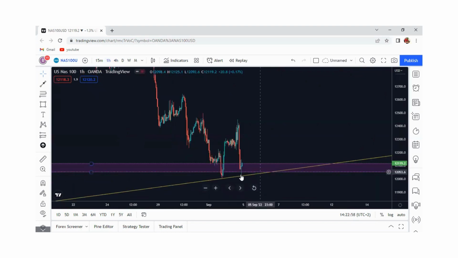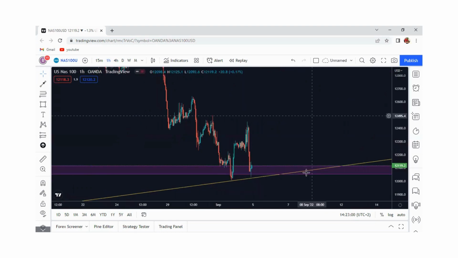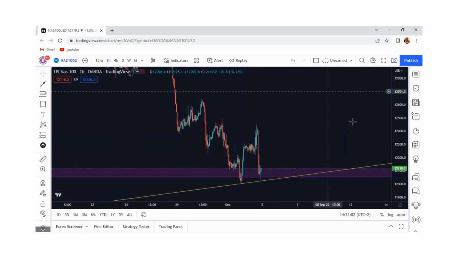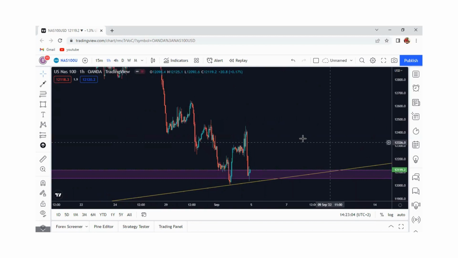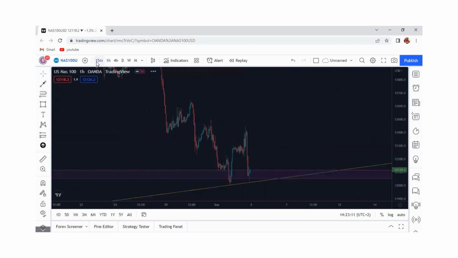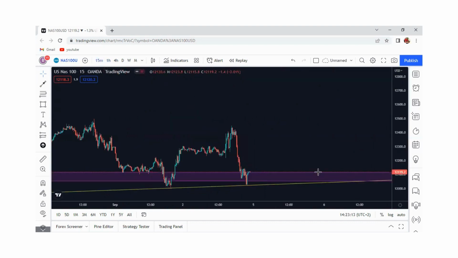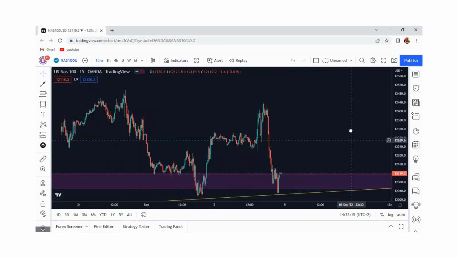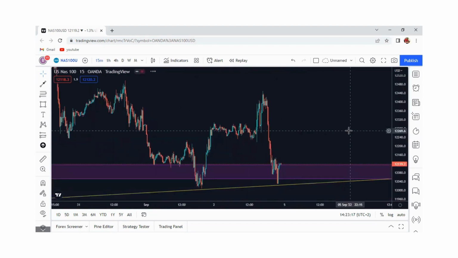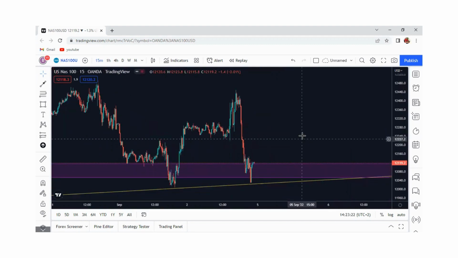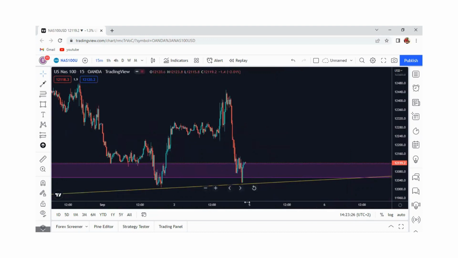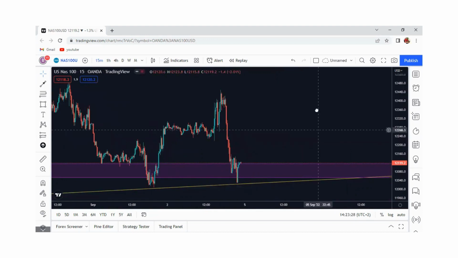So as you can see, the candlestick rejected, meaning it needs some power in order for it to break. There's still nothing for me. I haven't seen any reversal pattern, so I just have to wait for Monday and see how the market opens.